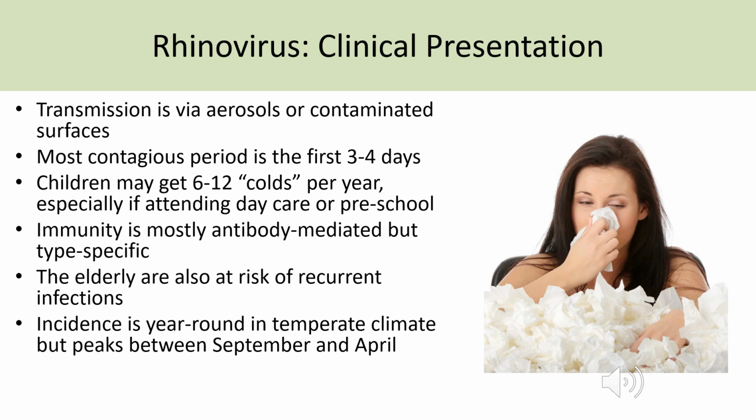Incidence usually is highest in the cold months between the early fall and mid-spring. So in our part of the world, it's between September and April. But we see rhinovirus infections throughout the year, although they become less frequent in the summer months.